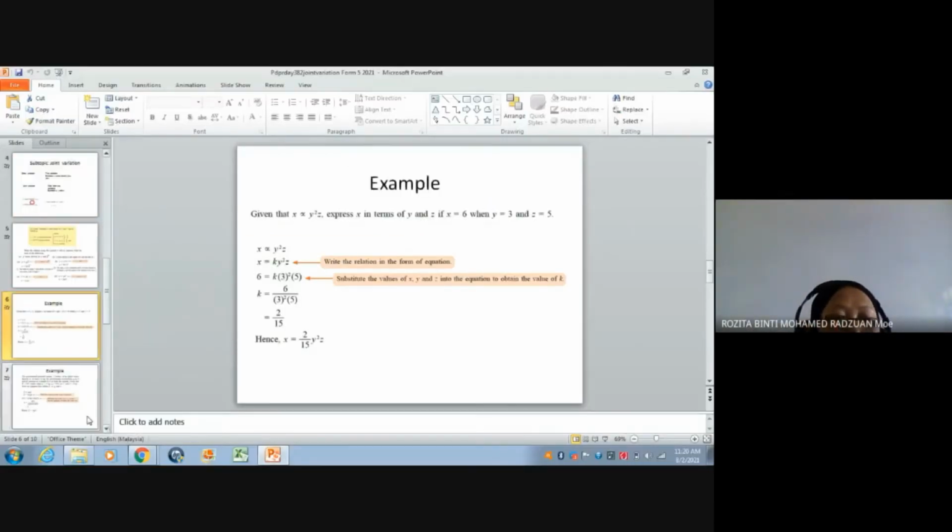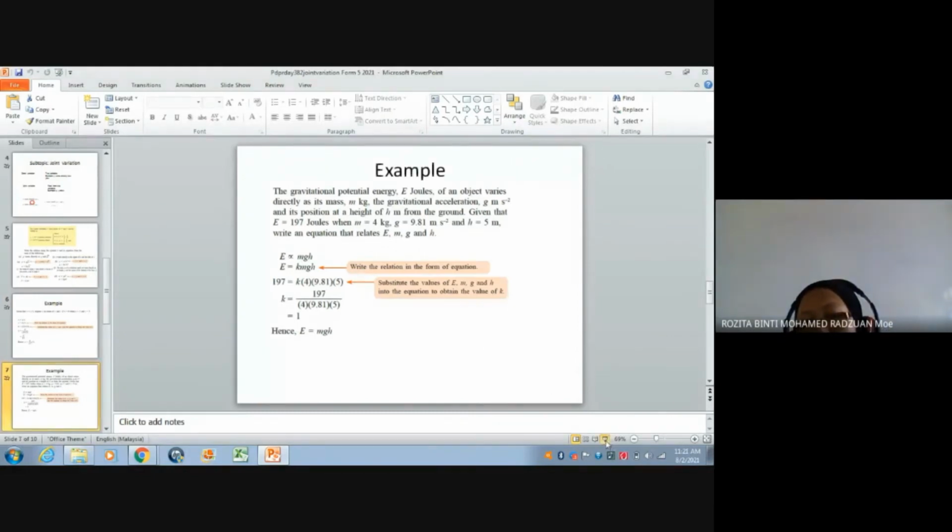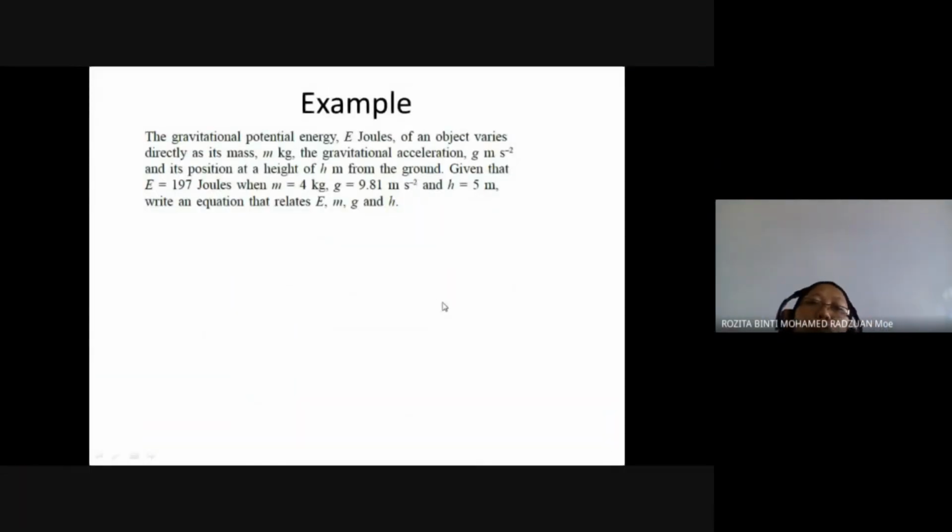Okay, next example. Let's say we have an example in the form of solving problems. The gravitational potential energy E, the first variable, with units in joules, of an object varies directly as its mass, another variable M, unit is kg, the gravitational acceleration G, another variable, unit is m s to the power of -2, and its position at a height of h, another variable, height h, unit of m from the ground.